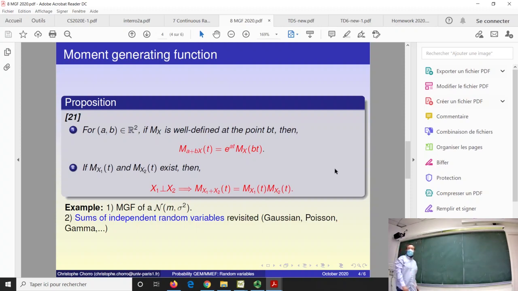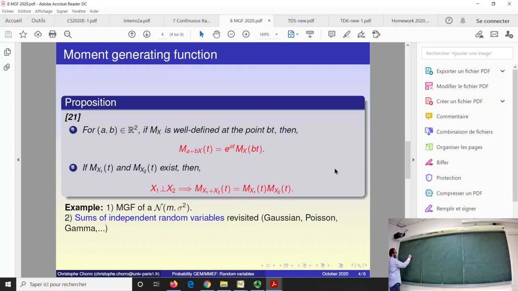I know where it is well defined, I am able to compute, I know everything. And suppose now that you are interested not in the moment generating function of X, but in the moment generating function of a plus bX. You linearly transform X. It's a linear transform of my initial random variable.